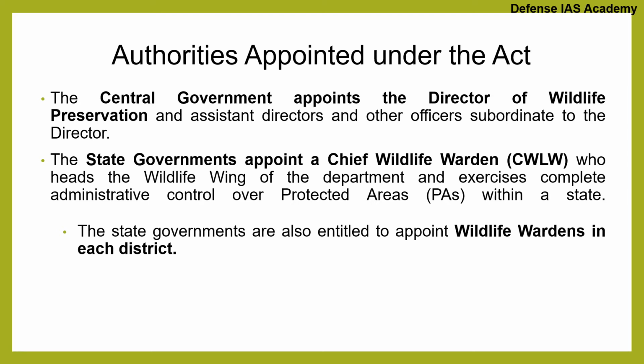So the act implemented by the British, called the Wild Birds and Animals Protection Act 1935, had to be upgraded, as punishments were awarded to the poachers and the traders of wildlife products, and there were huge financial benefits that accrued to them.